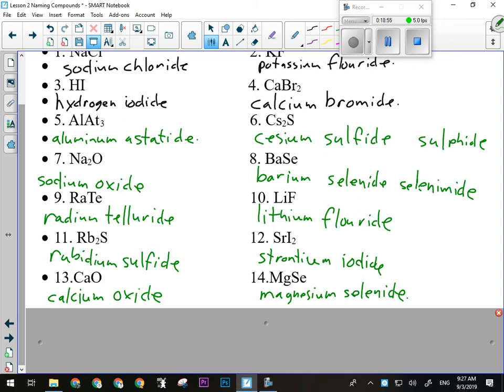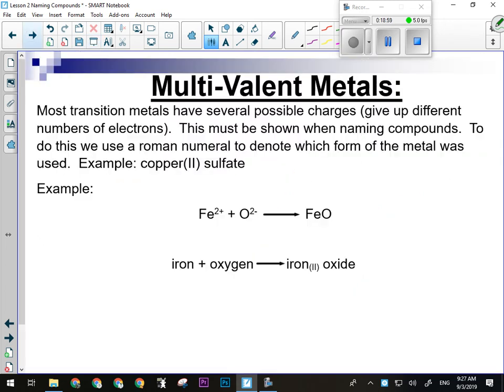So, something new that you probably didn't learn about ionic compounds last year has to do with what we call multivalent metals. Some of the metals in the middle of the periodic table, which we call the transition metals, can lose different numbers of electrons in chemical reactions.